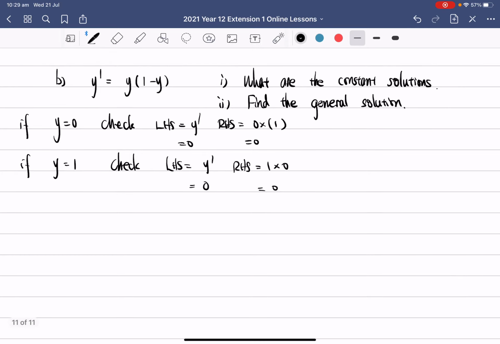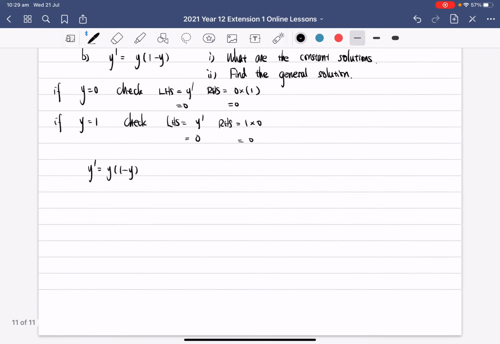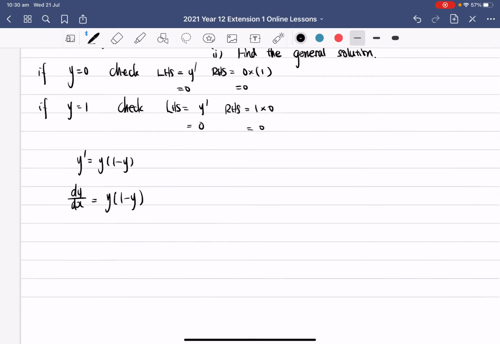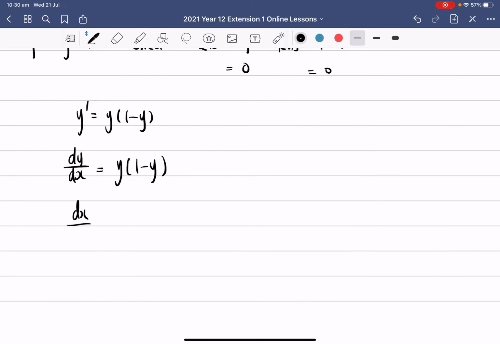Okay, next we need to find the general solution, and this is where we're going to use that partial fraction to do it. Okay, again, it's not hard. If you have done the mechanics topic, you've seen this is a standard question to do. Right, so y times 1 minus y. Okay, find the reciprocal of both sides.